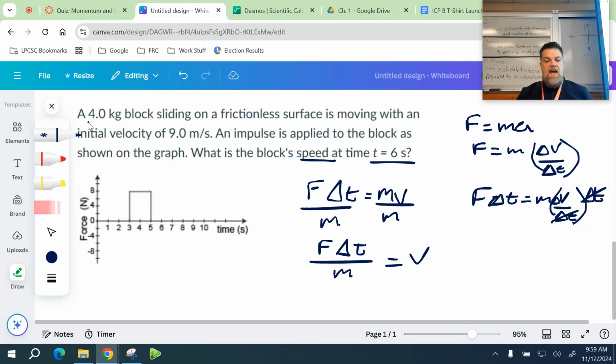Well, I know the mass, right? I know the time. I can figure out, the initial velocity is 9, right? How do I figure this out? Well, what is the formula for impulse? Does anybody remember the formula for impulse? Impulse is equal to what?